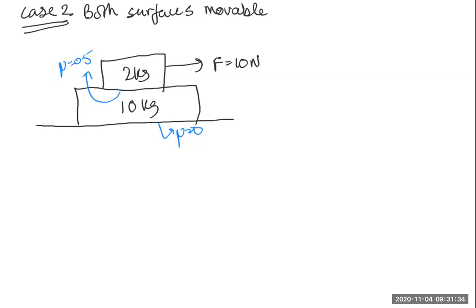So I am going to assume that under the influence of this force of 10 newtons, the two blocks are going to move together and their acceleration will be a. Right? So assumption. This is what you are going to assume in every question.